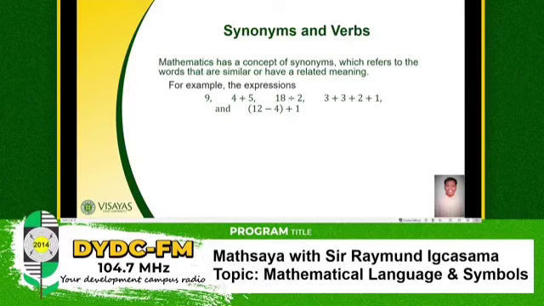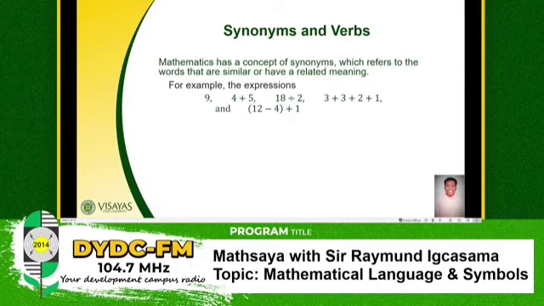We know that if you divide 18 by 2, it is equal to 9. So 9 has many expressions, but all of these are synonyms, having similar meaning. We could also express 9 as the sum of 3 plus 3 plus 2 plus 1, and so on. All of these expressions are synonyms because they have a related meaning.